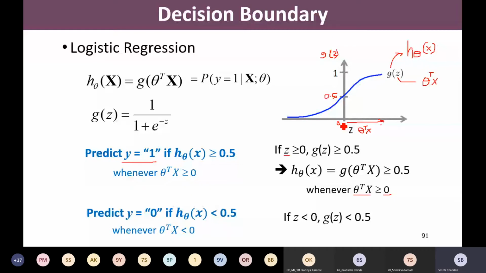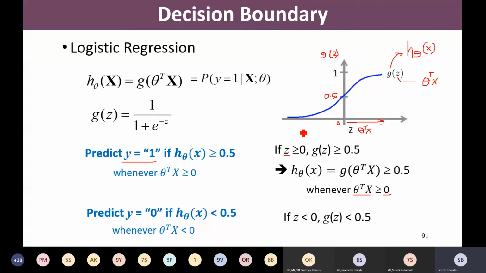In other words, if my z is less than 0, my g of z will be less than 0.5. Right? This g of z is nothing but my h theta x. So I'm going to label my sample as y equal to 0 when h theta x is less than 0.5, and h theta x will be less than 0.5 whenever my theta transpose x is less than 0.